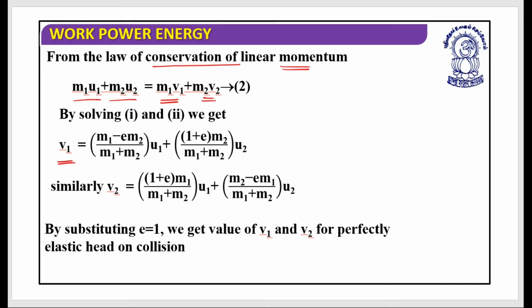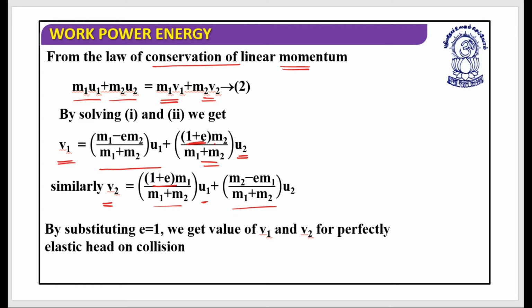From these two, v1 equals (m1 minus e m2) upon (m1 plus m2) into u1 plus (1 plus e) into m2 divided by (m1 plus m2) into u2. Same way, v2 equals (1 plus e) into m1 divided by (m1 plus m2) into u1 plus (m2 minus e m1) upon (m1 plus m2) into u2.